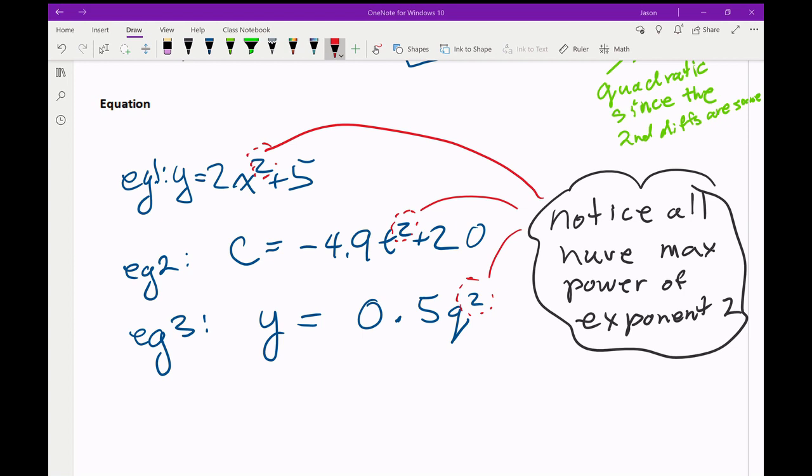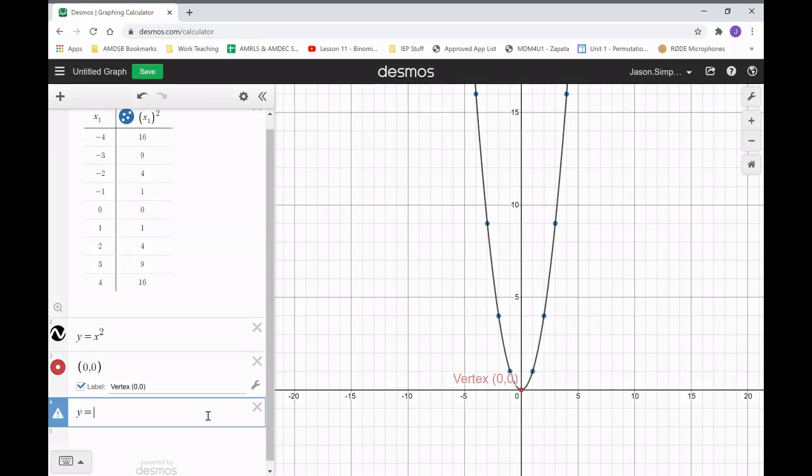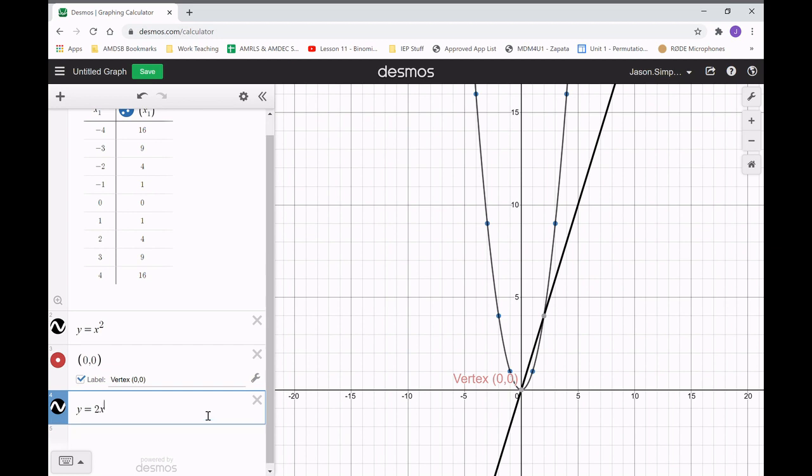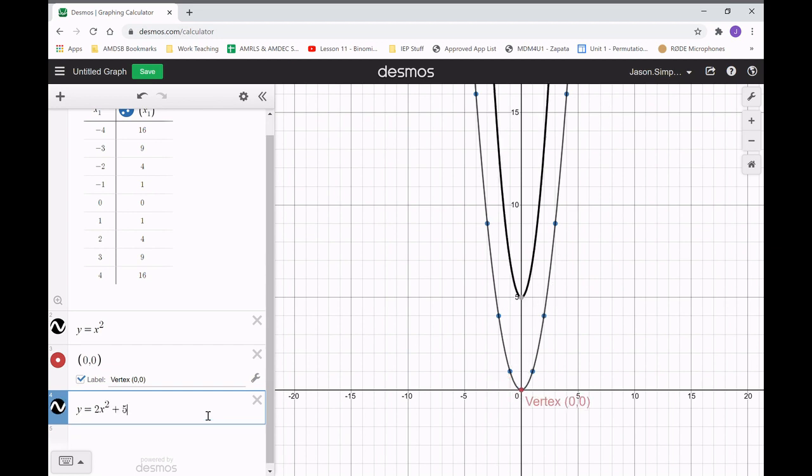I'm going to hide these things that we just created, and I'm going to punch in one of those equations. So let's say I have y is equal to 2x squared plus 5. Notice it's a parabola, but the parabola has been moved up, right? We'll explore this later on in this unit.